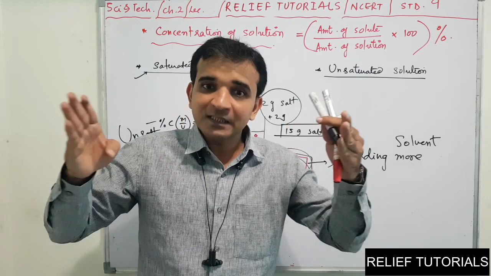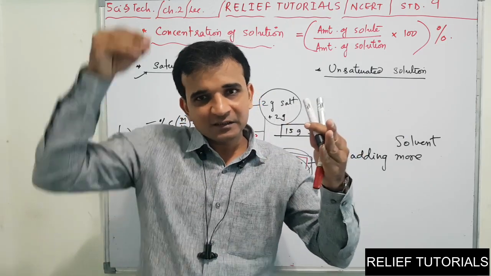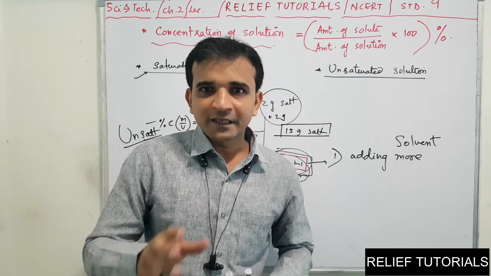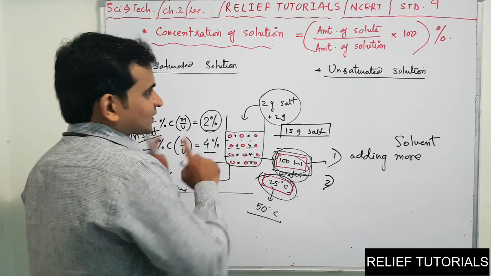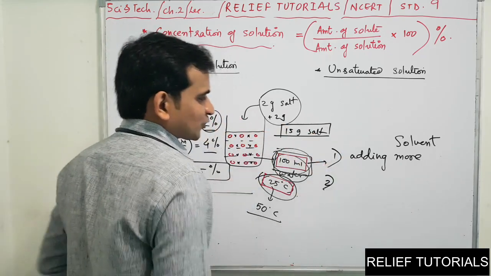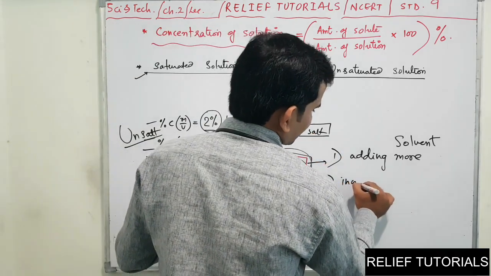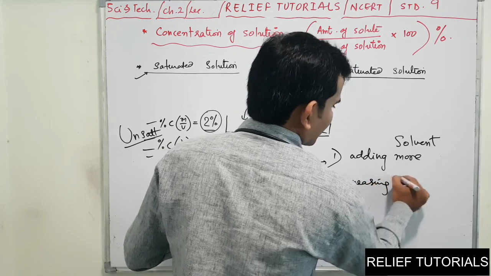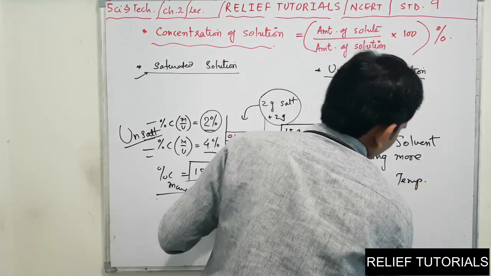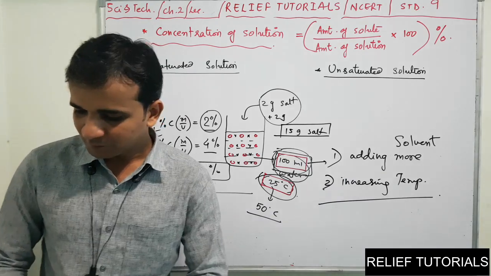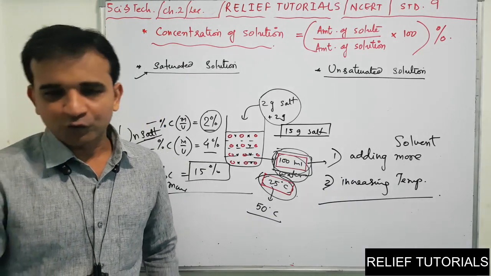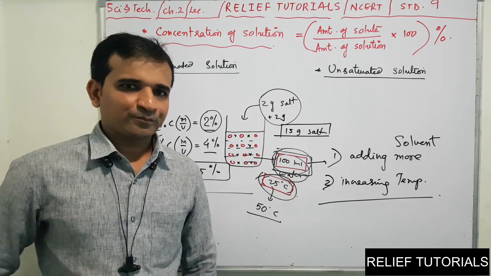So the space increases, and as the space increases, more salt can again be occupied. So the second way to change a saturated solution into unsaturated is by increasing temperature. As the temperature increases, more spaces will be available and more solute can be dissolved.